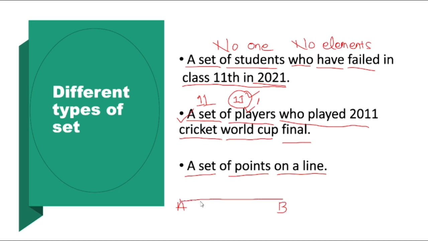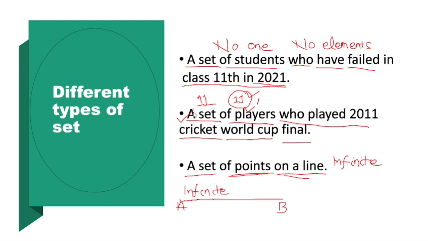No, I cannot, because there are so many points, an infinite number of points, that I cannot count. So when I make a set of points on a line, the number of elements will be infinite, which means we can't even count or list them.